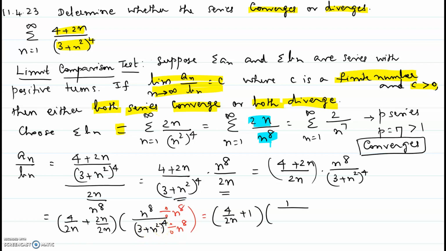So instead of expanding, which will give us a very large expression, we are going to do a quicker simplification here. (3 plus n squared) to the power 4, and I'm going to write this n to the power 8 as (n squared) to the power 4.